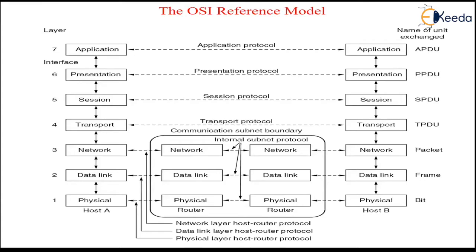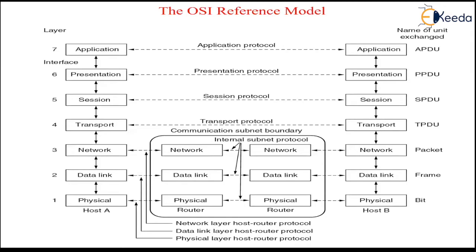The presentation layer is responsible for converting between different encoding methods. The presentation layer at the sender changes the information from its sender dependent format into a common format. The presentation layer at the receiving machine changes the common format into a receiver dependent format.